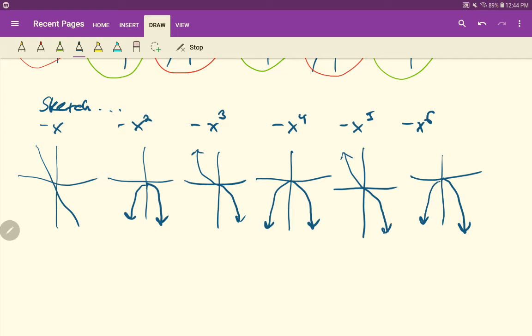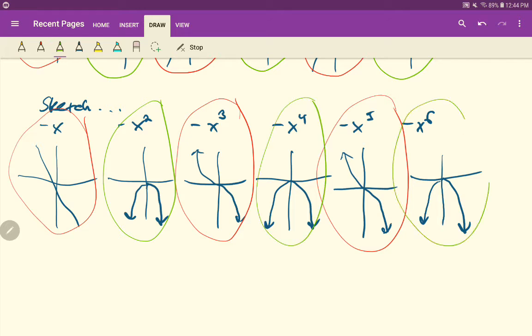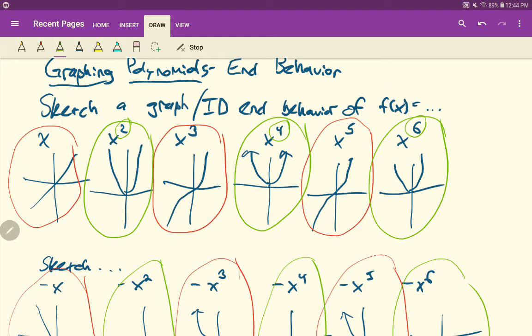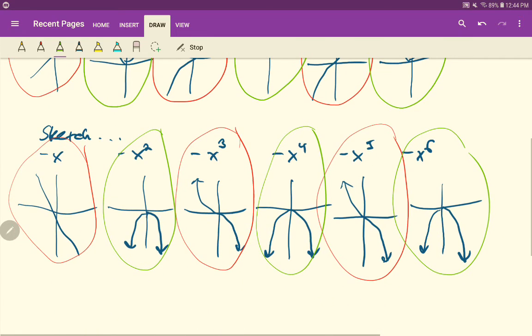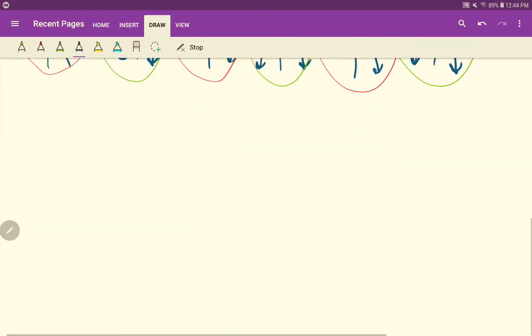And the same patterns occur again. The odd degrees all have the same end behaviors, and the even degrees also all have the same end behaviors. The end behaviors are now the exact opposite of their positive lead coefficient partners. So how can we summarize this? In general, then, we can put this all in a table.